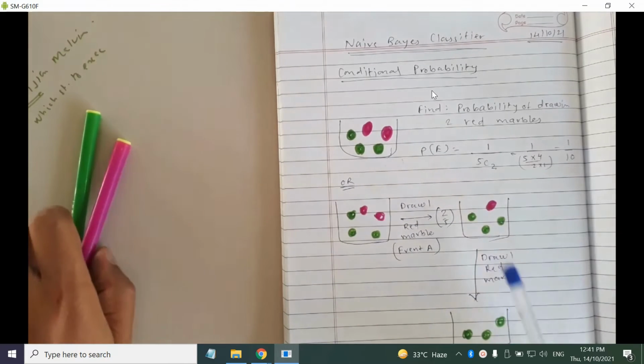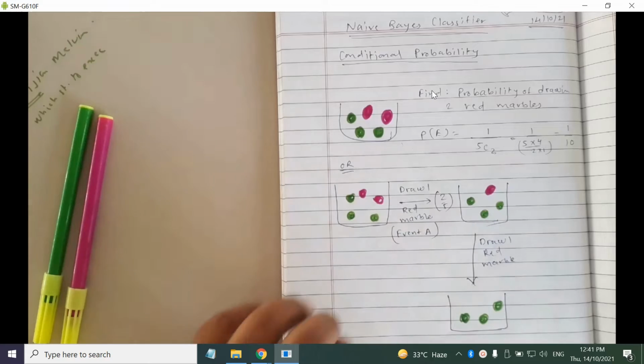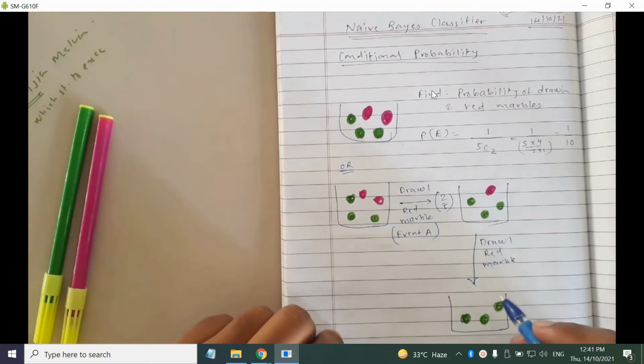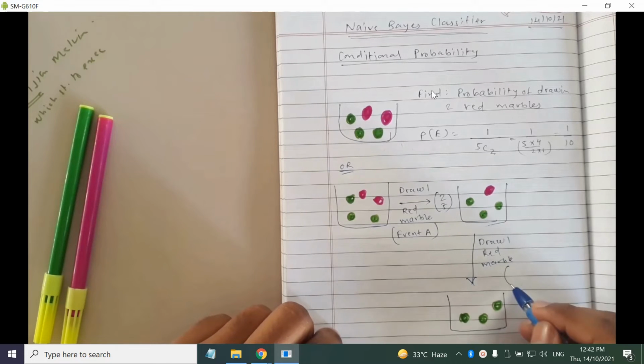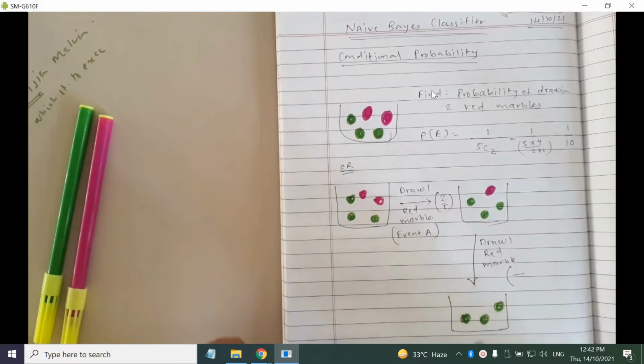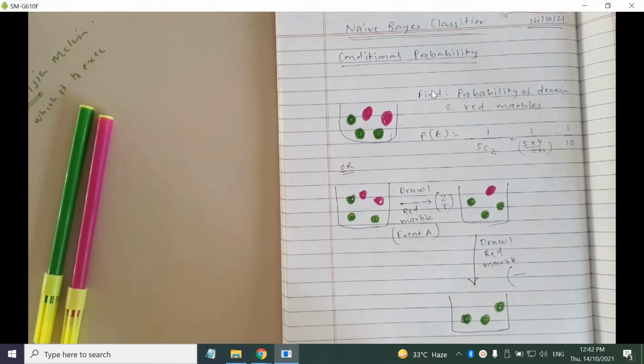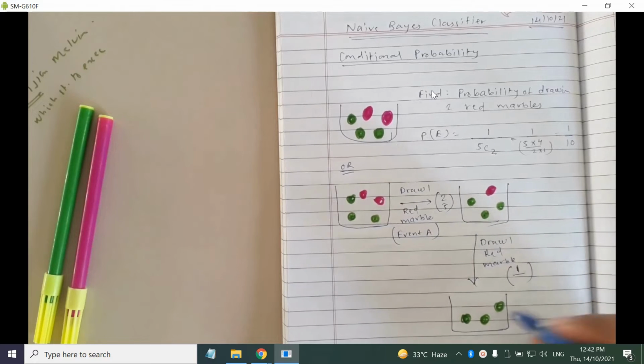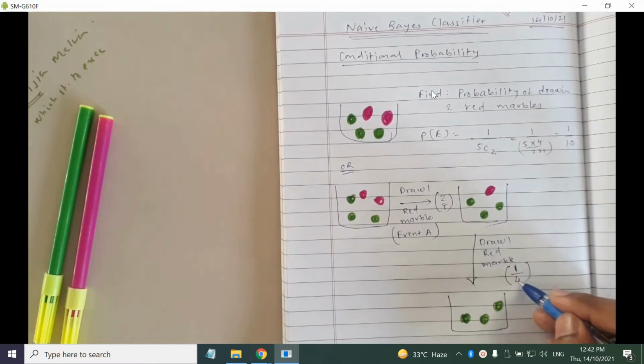Now drawing one red marble out of this, how many are favorable? 1. And the total is 4, right?